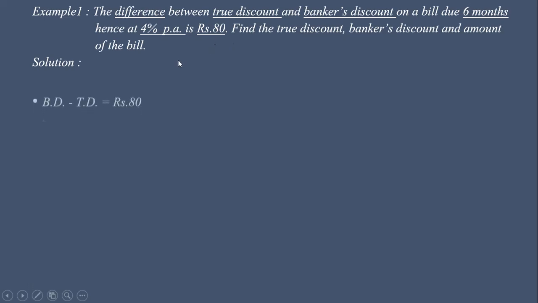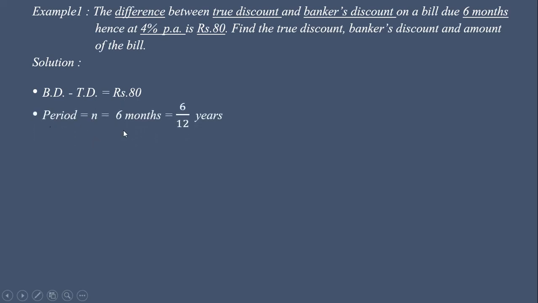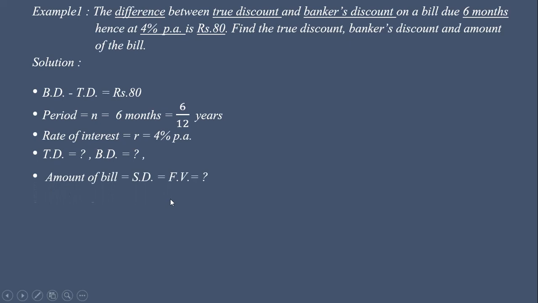So banker's discount minus true discount is equal to rupees 80. Now period N is equal to 6 months. So 6 months we have to convert into years, 6 upon 12 years. Now rate of interest is given, it is 4% per annum.